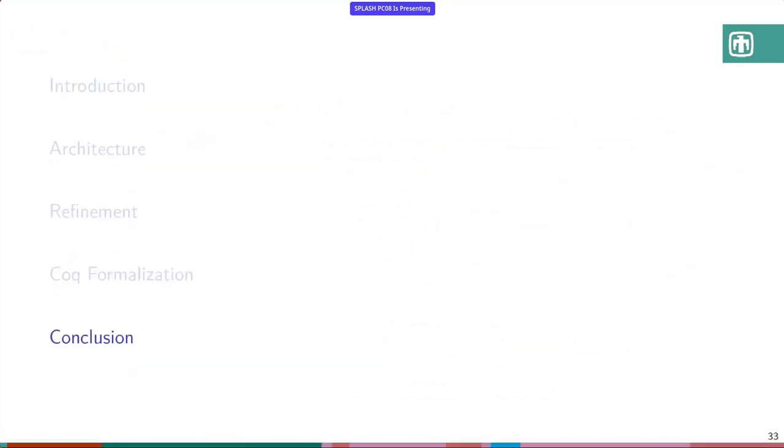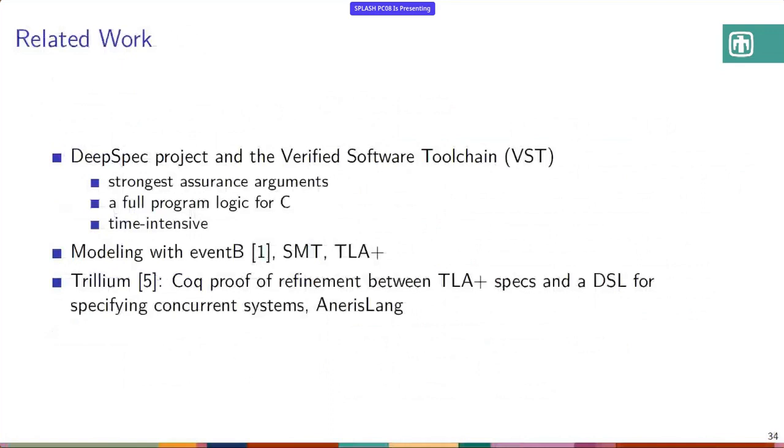All right, so I've briefly gone over the Q framework. I'll talk about a little bit of related work. The work that we're most inspired by is the DeepSpec project and the verified software toolchain that came as a result of this.